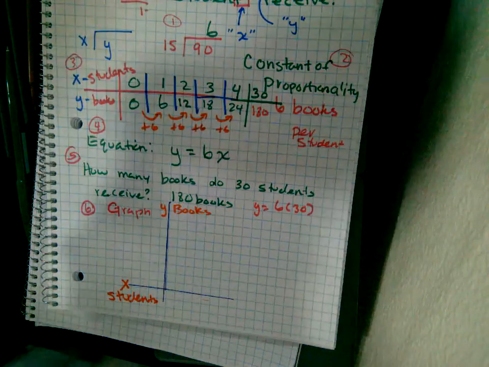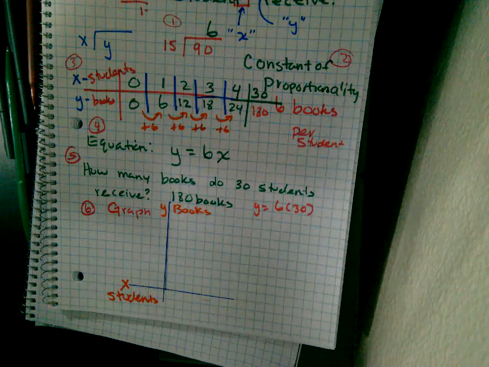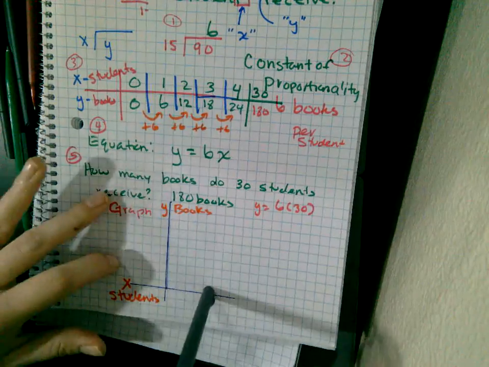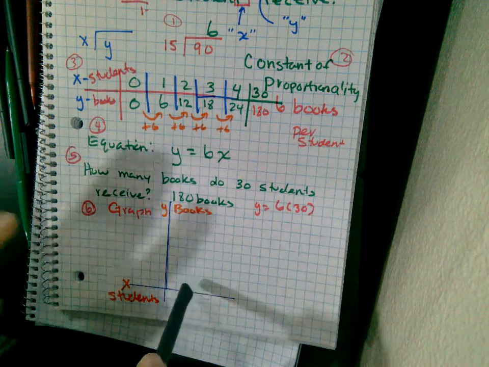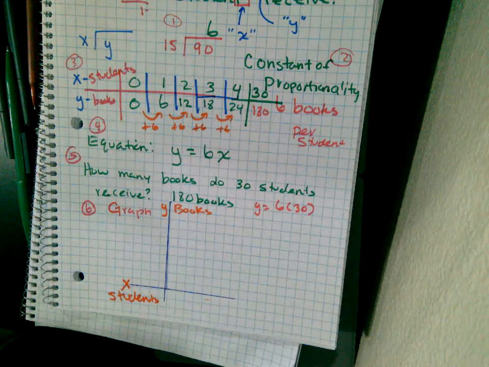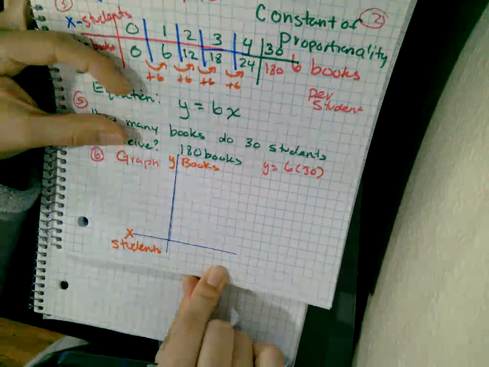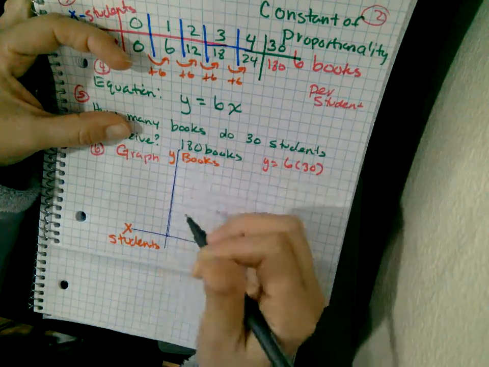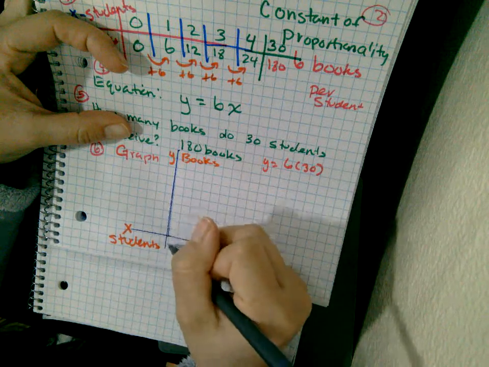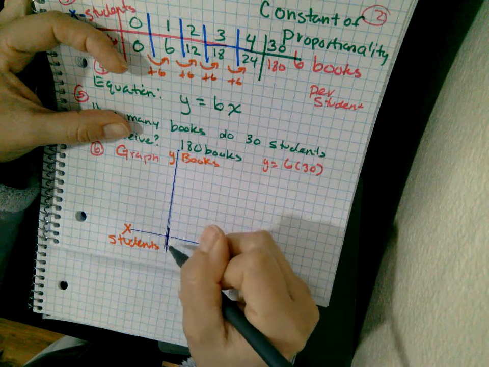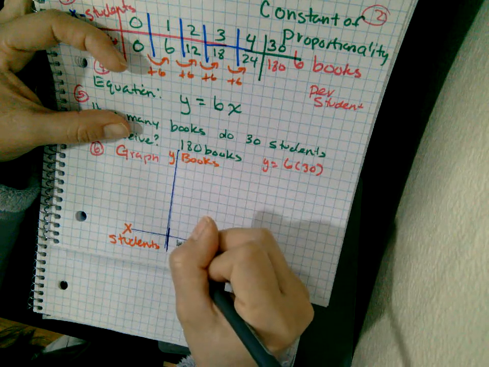All right. If you are the one creating the graph, like we are right now, this is what I want you to do. On your X, where you draw your line, that's 0, okay? The next line over is 1.